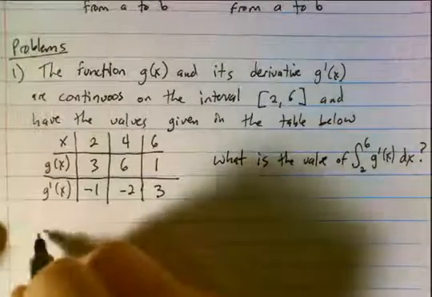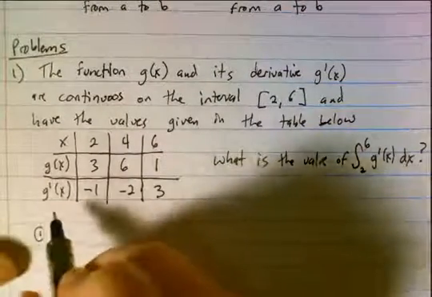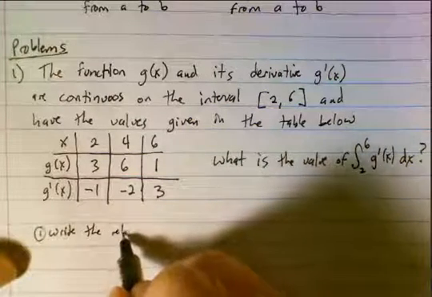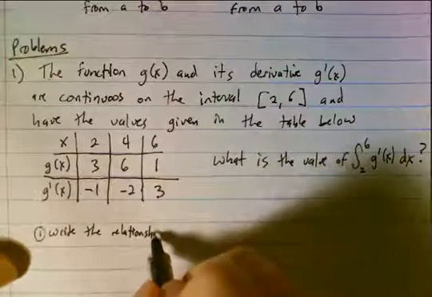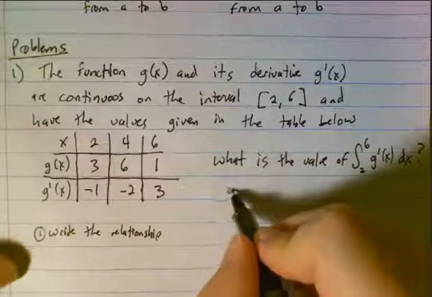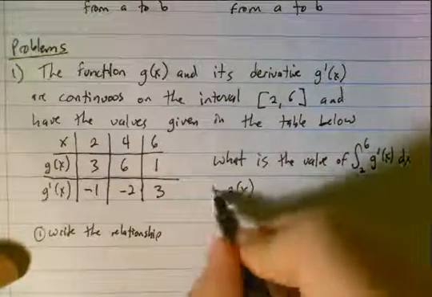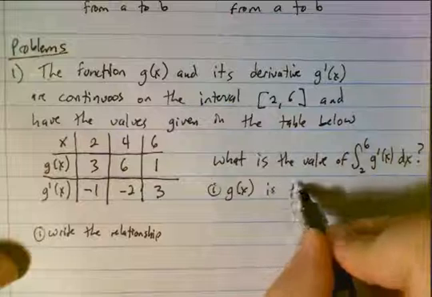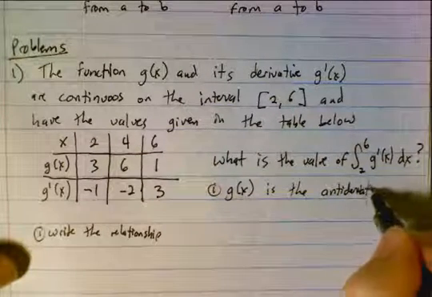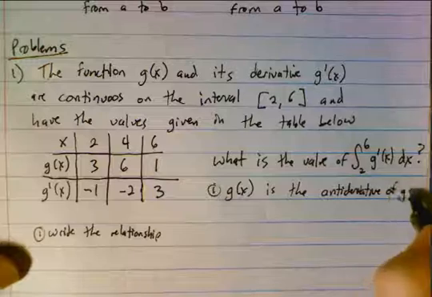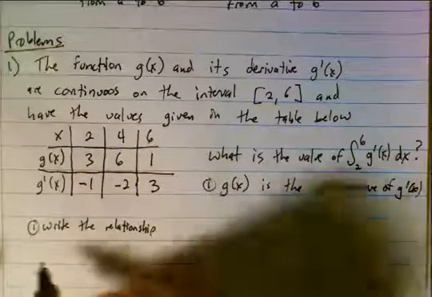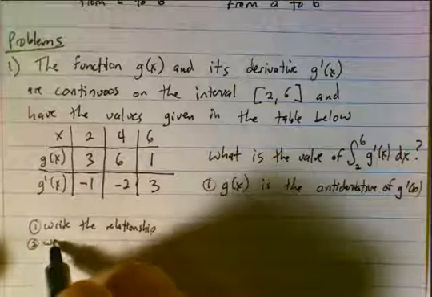So the first thing that we're going to do is we're going to write the relationship. We know that g of x is the antiderivative of g prime. And once we clarify that, we can write the fundamental theorem.